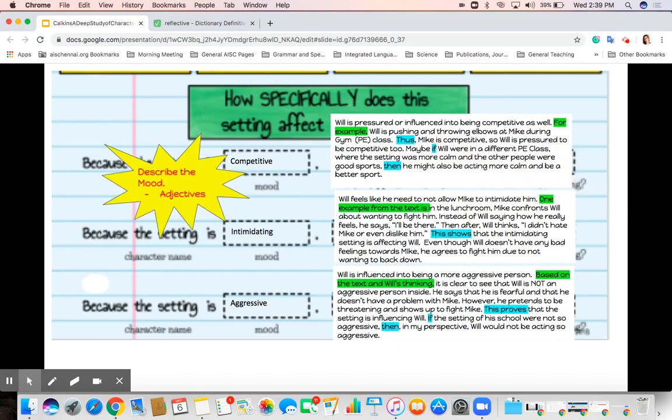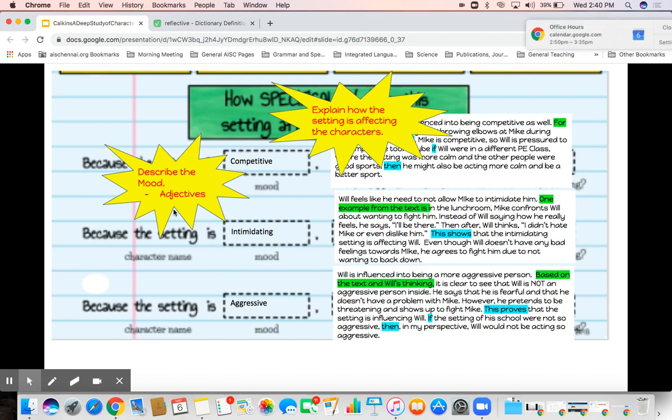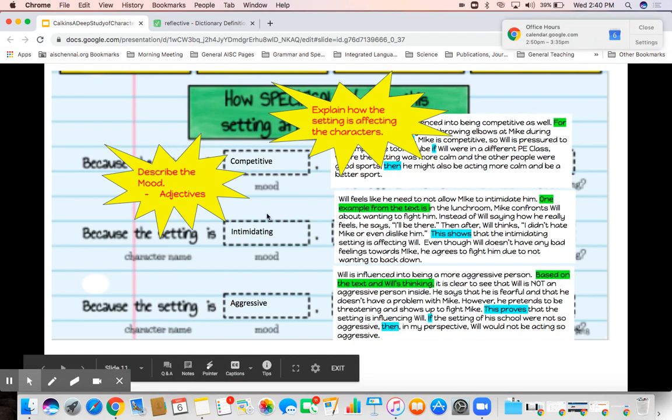Today, the strategy for reading is to think about how the setting is affecting the characters. So when you're writing about your reading, you'll need to describe the mood of the setting with an adjective, like I have.